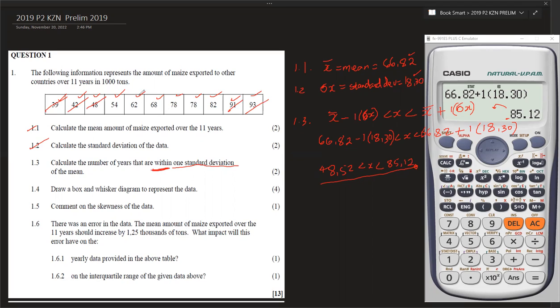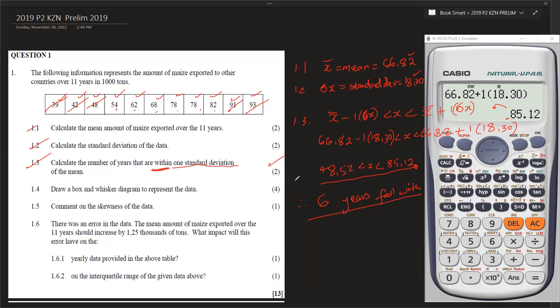So how many fall within? 1, 2, 3, 4, 5, 6. Therefore, 6 years fall within. Then you get your 2 marks. Usually they put 3, but here they were stingy. I hope it makes sense. So we can go to 1.4.